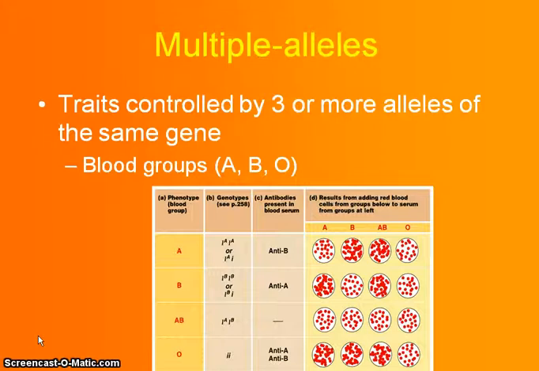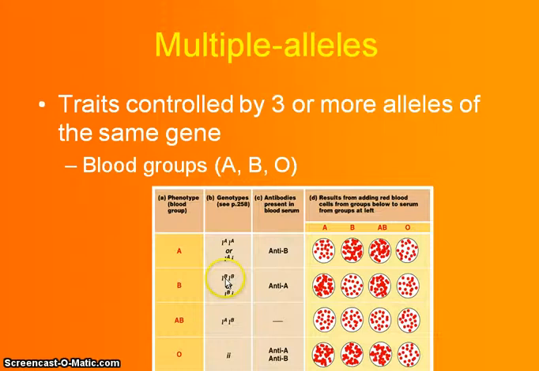Multiple alleles are traits that are controlled by 3 or more alleles for the same gene. So far all the ones we've talked about have been controlled by 2 alleles, a dominant and a recessive. Our blood groups, our ABO blood groups, are formed by multiple alleles. You could have the dominant A, which is represented by a capital I and a superscript A here.